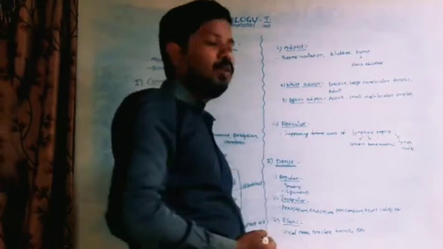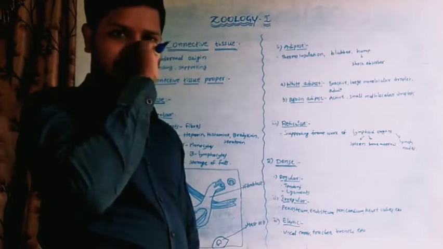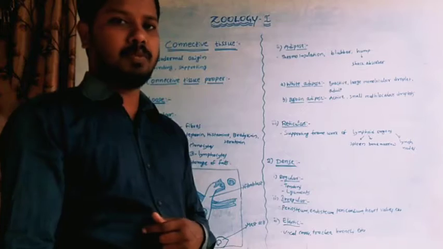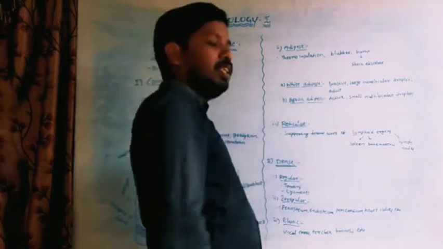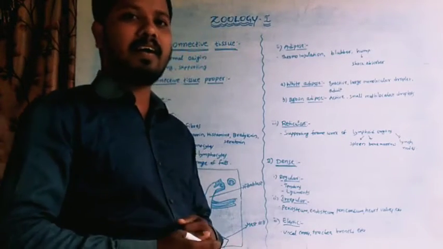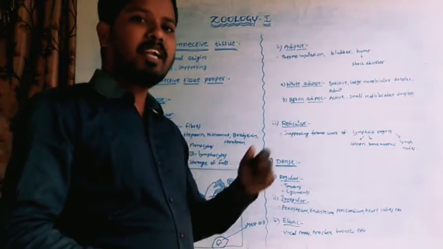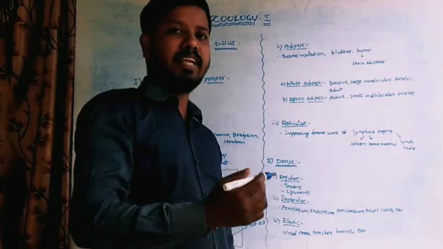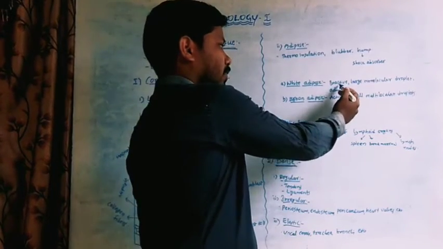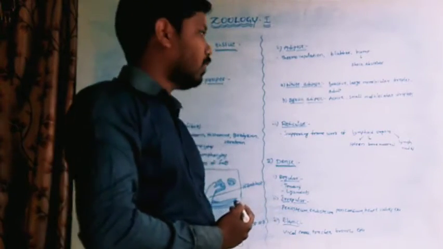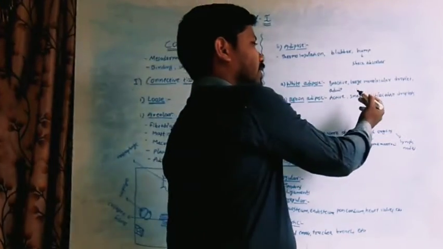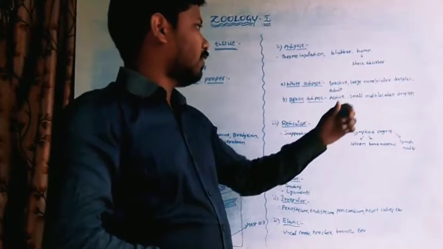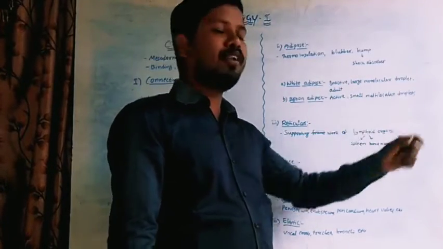Adipose tissue is again divided into two types. Those are white adipose tissue and brown adipose tissue. White adipose tissue is found in adults. Metabolically, white adipose is inactive. It consists of a large single droplet, called a unilocular droplet.